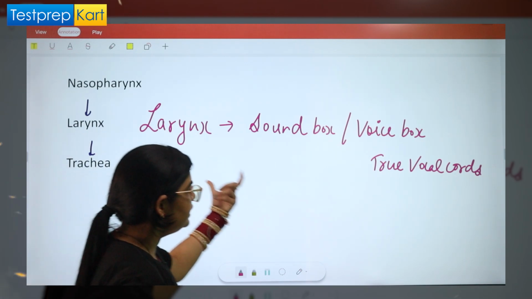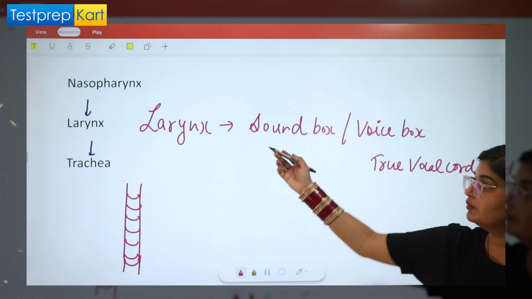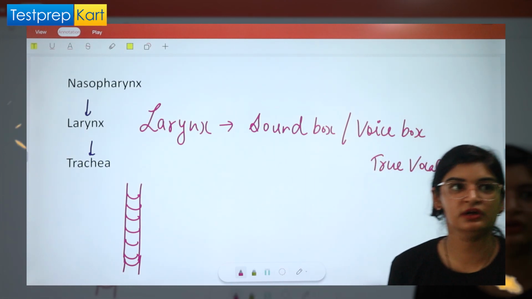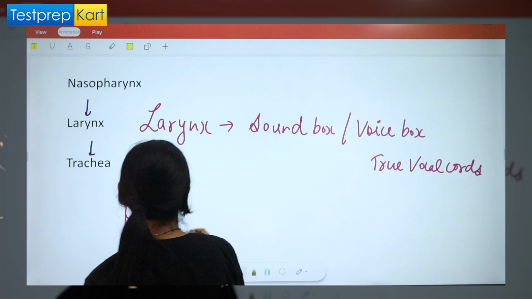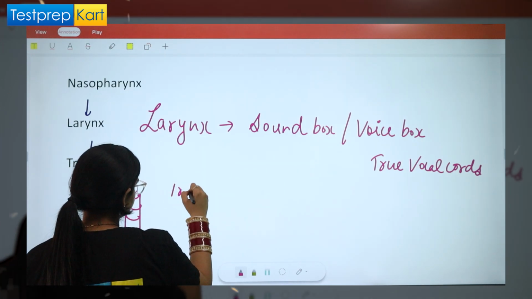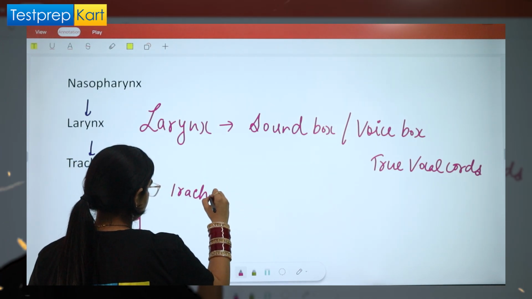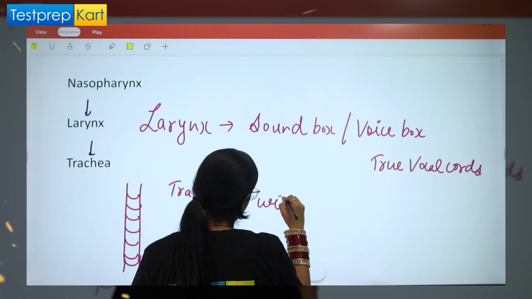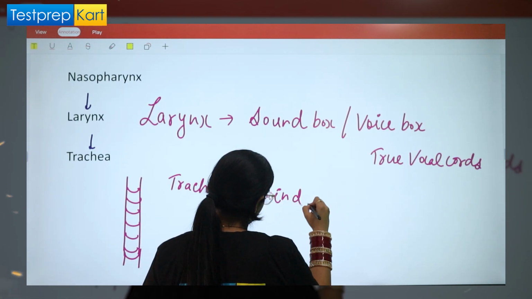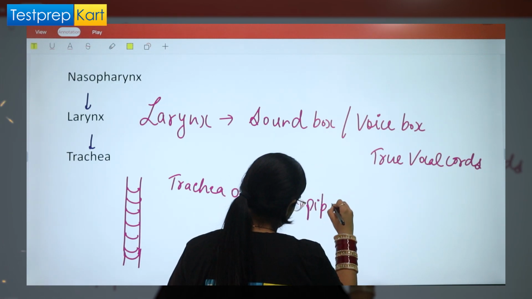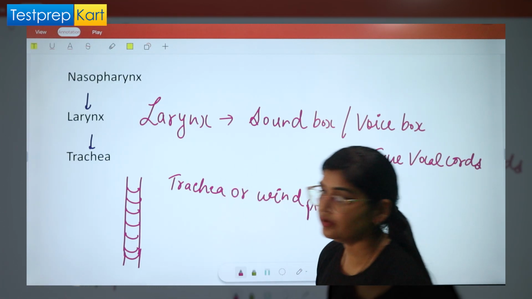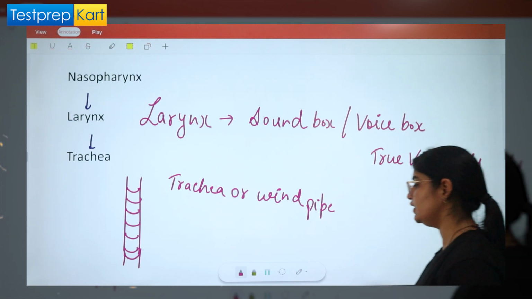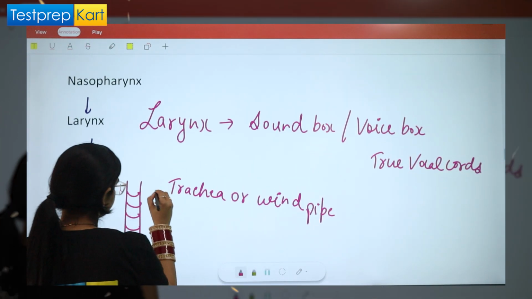So the larynx, which is meant for sound production, will open into the trachea, and the opening is termed the glottis. Trachea is basically known as the windpipe. You must have heard in your junior classes that trachea is windpipe, right?